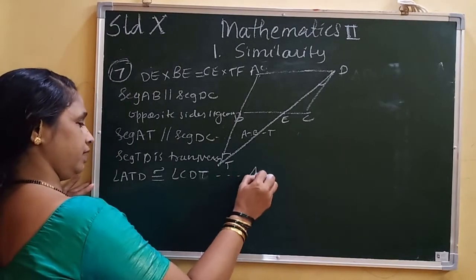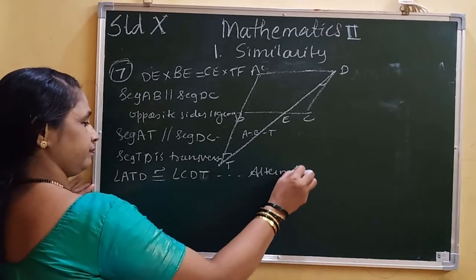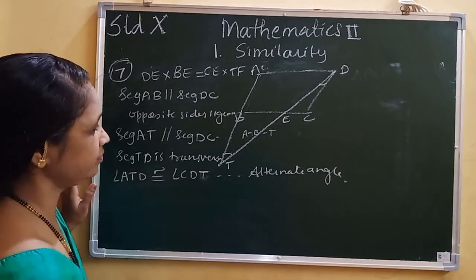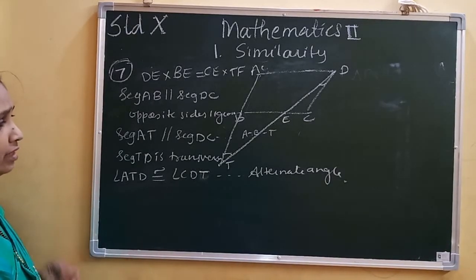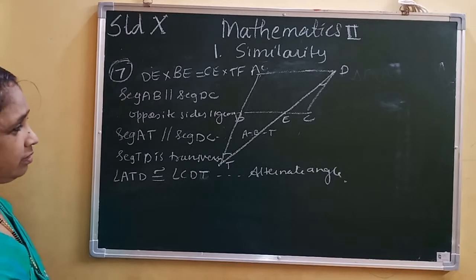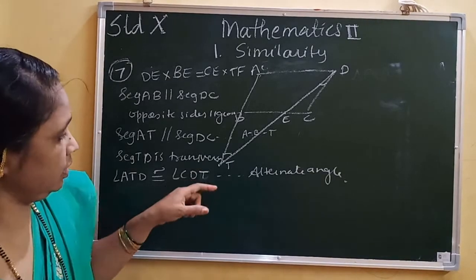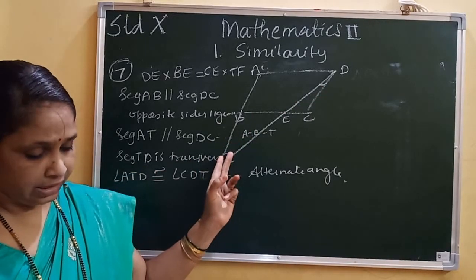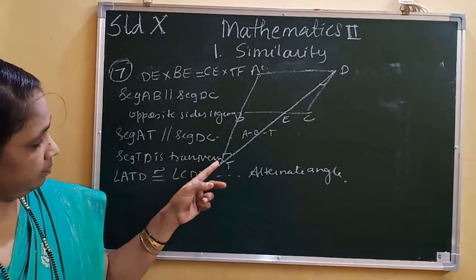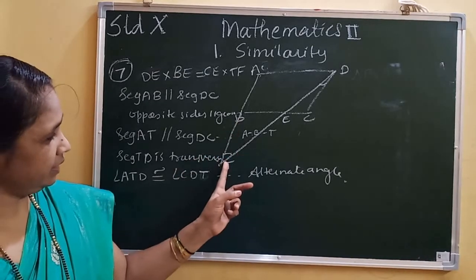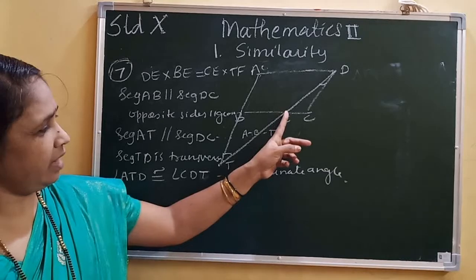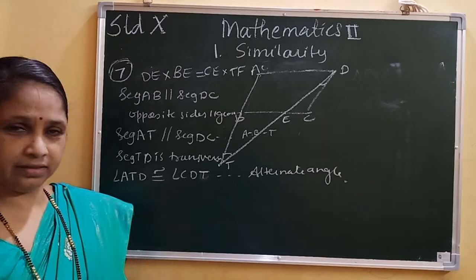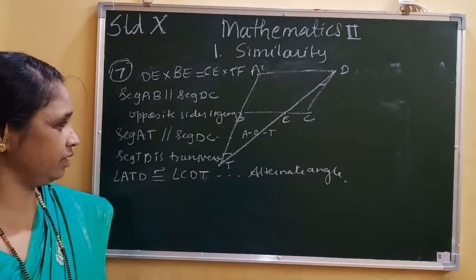What? Alternate angles. And the other angles which we will consider now, angle T and angle D, they are the alternate angles. Now BTE and CED, they are in the same way.